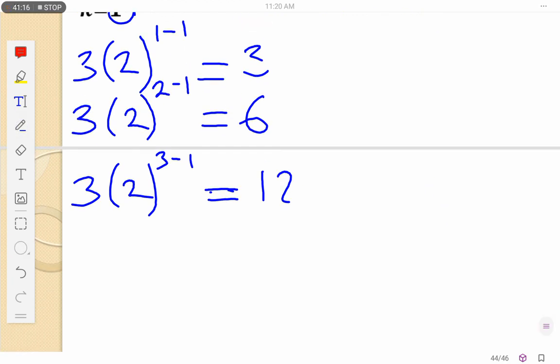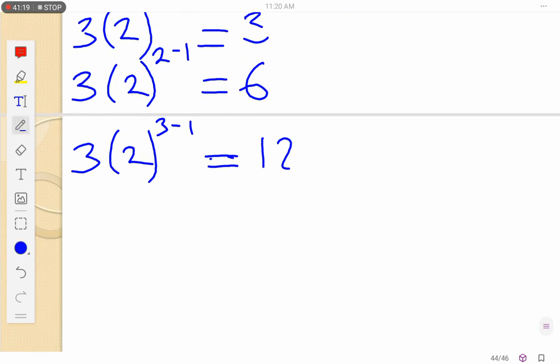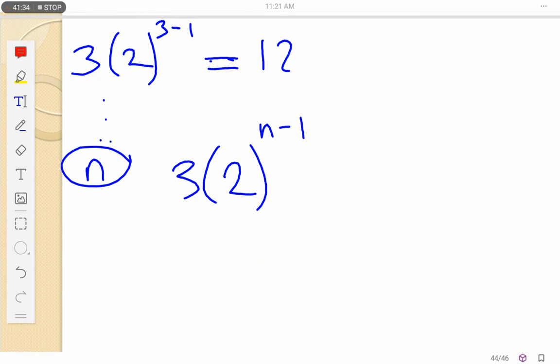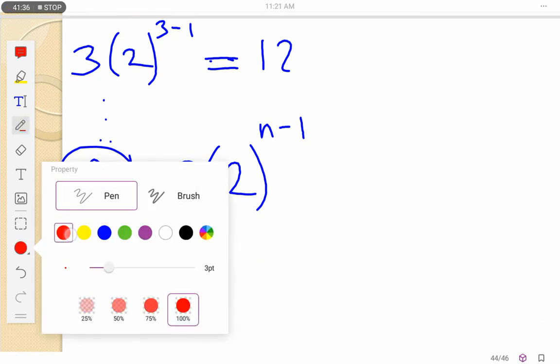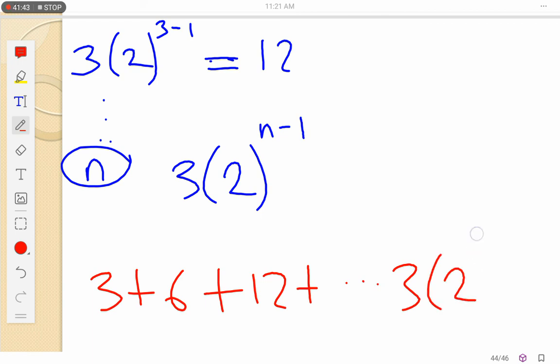So basically, the nth term is going to be 3 times 2 to the power of n minus 1. The series that we can generate is 3 plus 6 plus 12 plus dot dot dot 3 times 2 to the power of n minus 1.